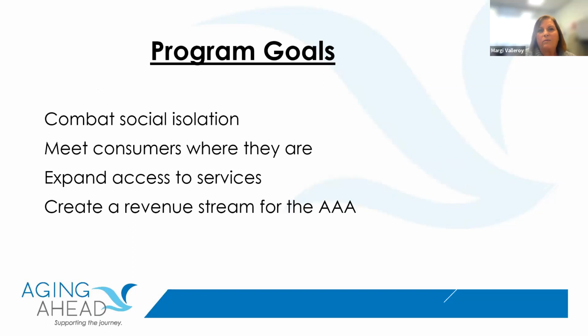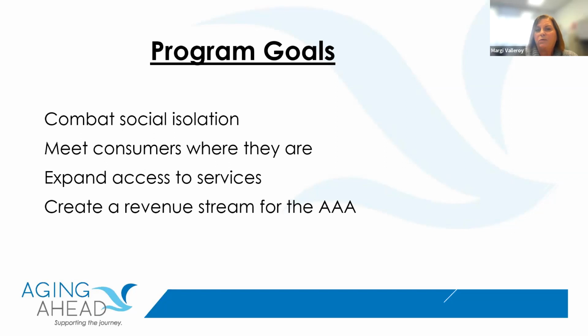So when we started out, we thought about what would really be the goals of a program like this, and combating social isolation, of course, became a major focus. I'm not really going to discuss that much; Bonnie's going to talk about that in detail. But meeting consumers where they are, obviously, this is their home. This is where they're living.